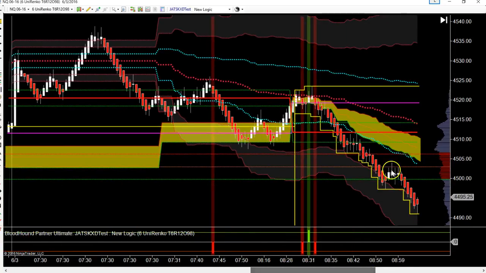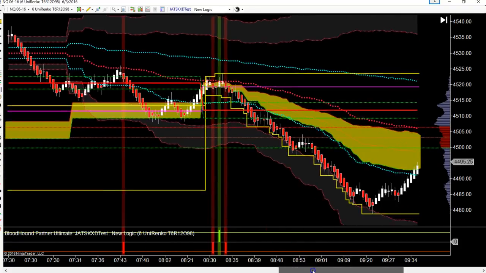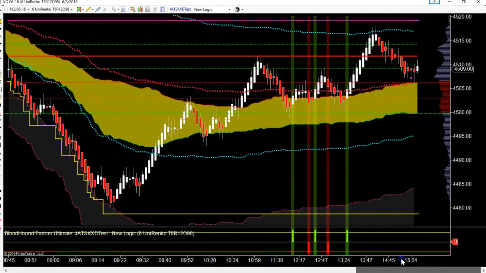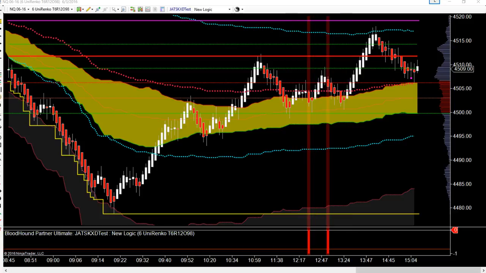VWAP's not really a good one to get because you'll get a lot of up and down, chopping you up and out on it. That's why I prefer not to use the VWAP itself, as this is where price is attracted to. You'd prefer to get directional. So if I know that I'm making higher highs and higher lows, I will want to come in and directionally trade those signals.